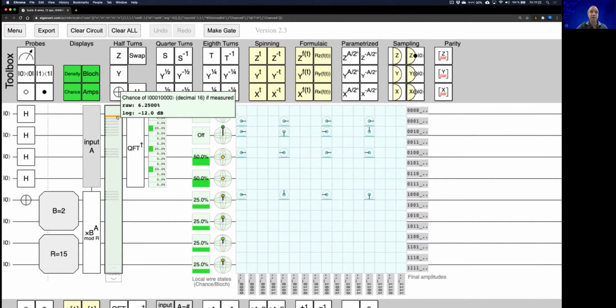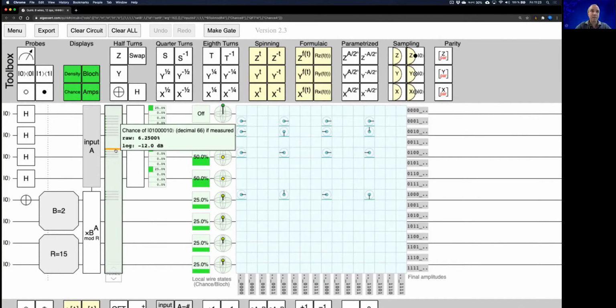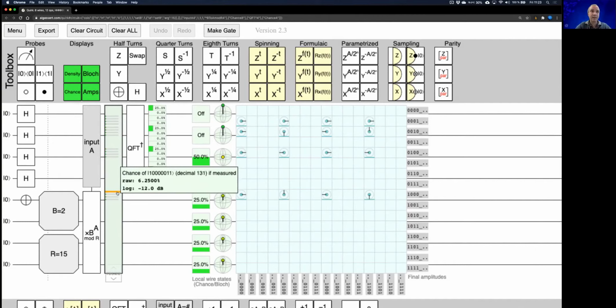Okay, so you see here 0, 0, 0, 0 in the last part of the register. Here you see 0, 1, 0, 0. The next one is 1, 0, 0, 0. This is 8. The next one is 12. Okay, so this is exactly the separation in 4 units, which is the period. Okay, and for the other results of the modular exponentiation, these are 2, these are 4, and this is 8.